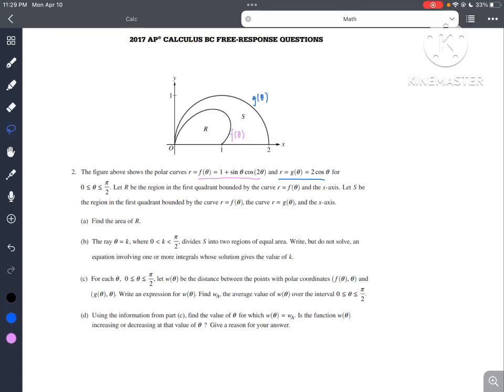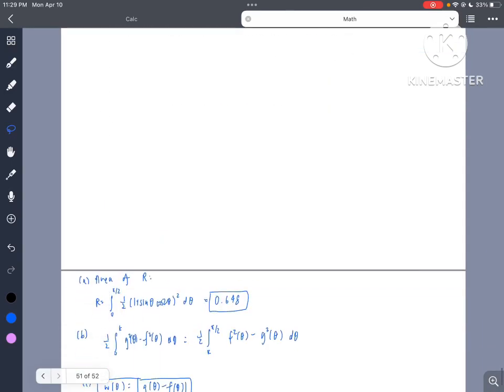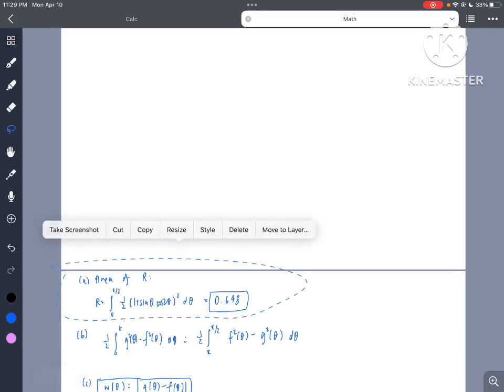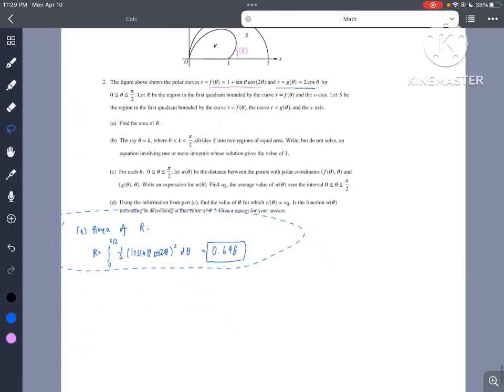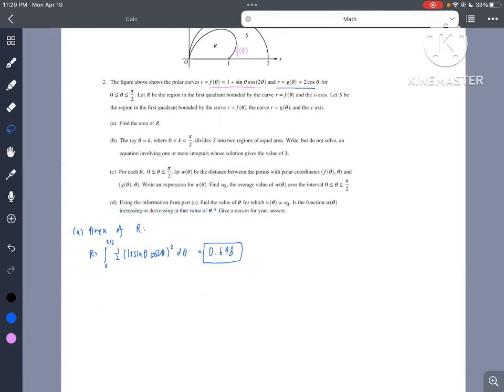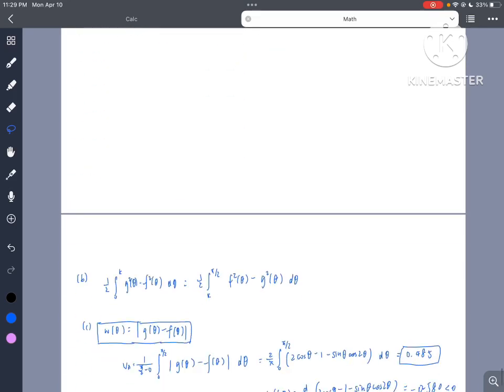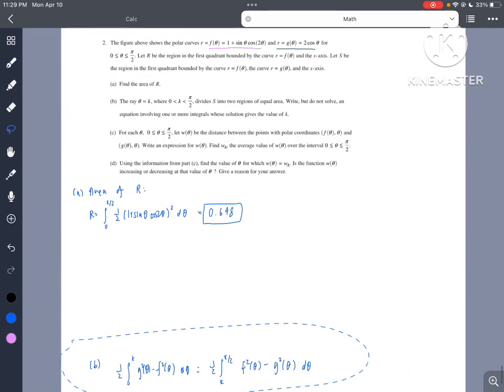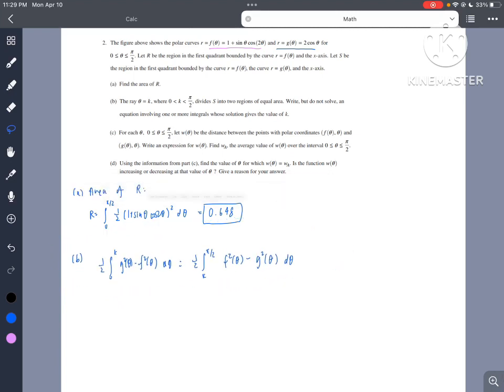Okay, now let's find the value of R. Again, we just use the area formula, if you are not familiar, you should check out our previous videos. And we put this in the graphing calculator and get this answer. Now for B, again, we just need to implement the area formula, this time algebraically.